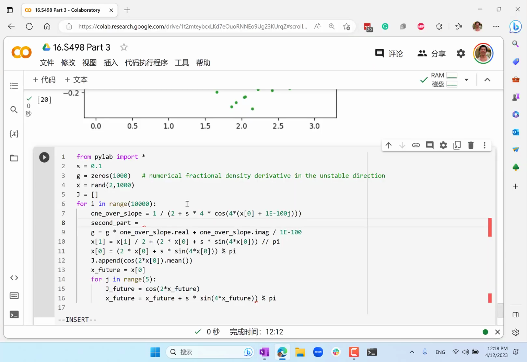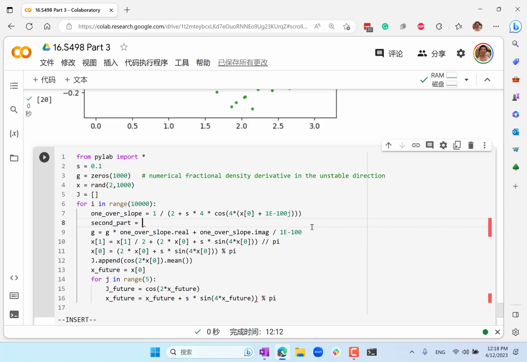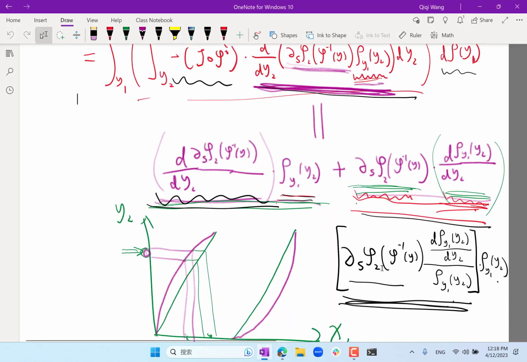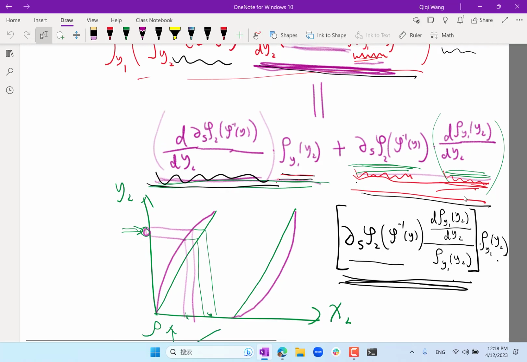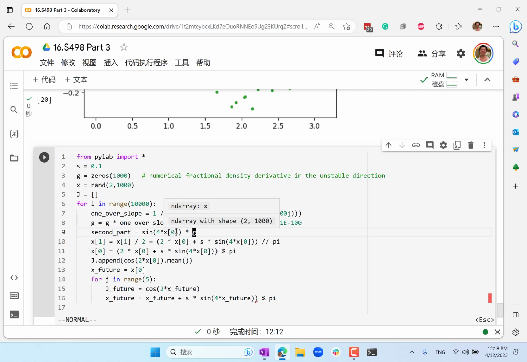The pre-image of y is just the x before we perform these iterations. That's the perturbation itself, times the G, but the G is evaluated after the iteration. G is evaluated at y, right? So we want to do this after G has been updated, but before x has been updated. So that's the second part.